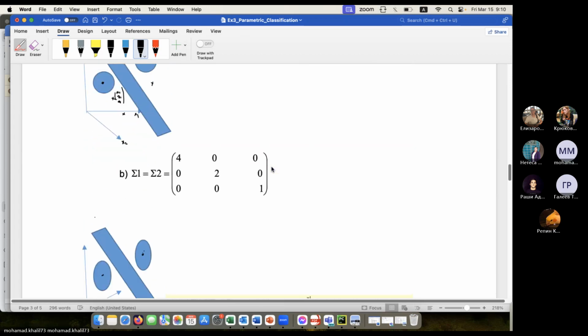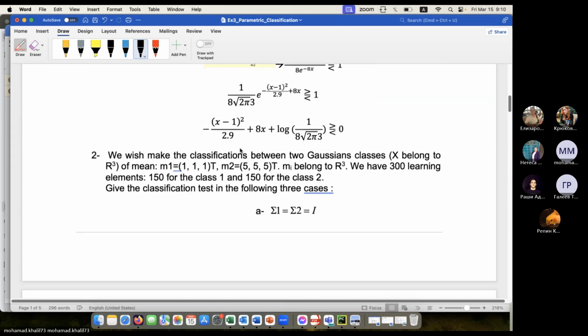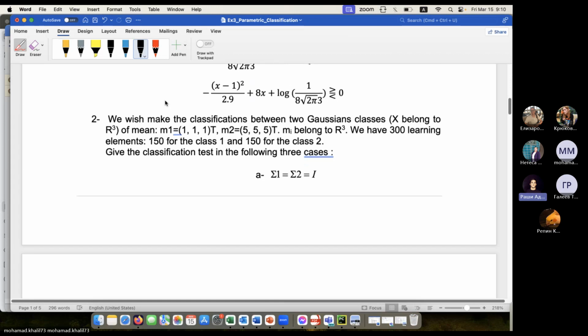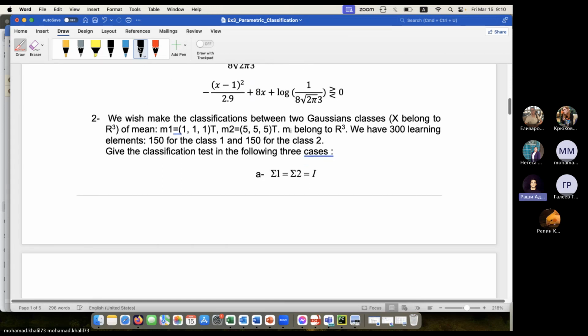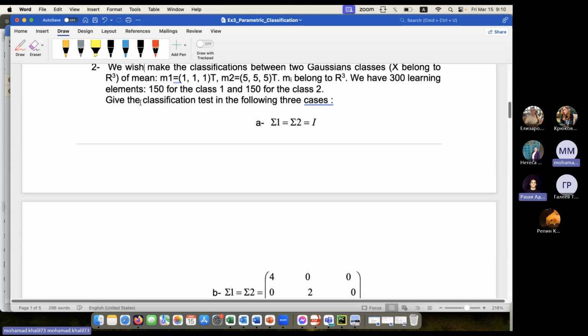Okay. What I want to do, look. So the classification test, which we have to give, is the formula for the interface. Yes, exactly.